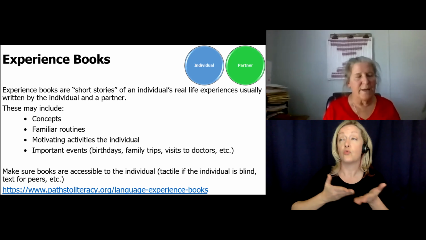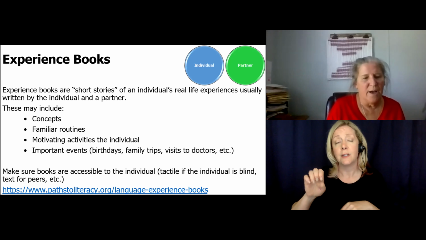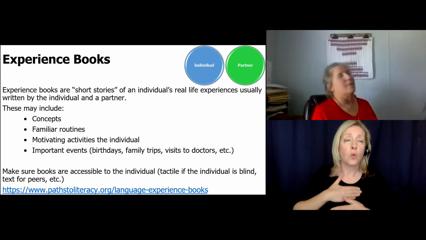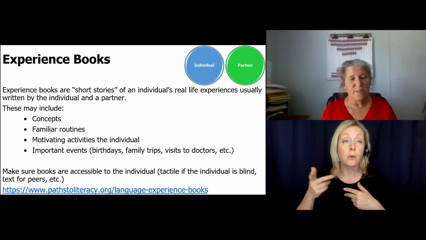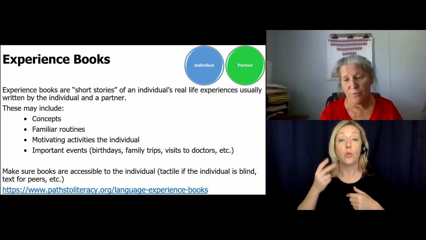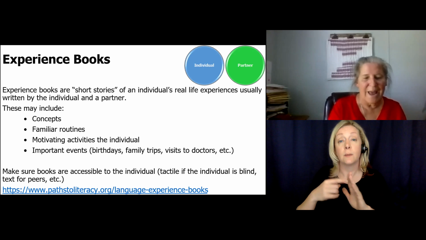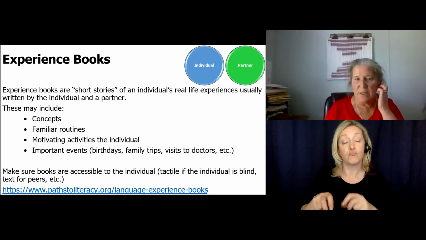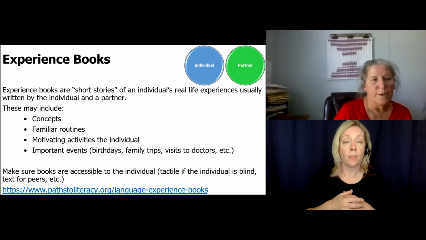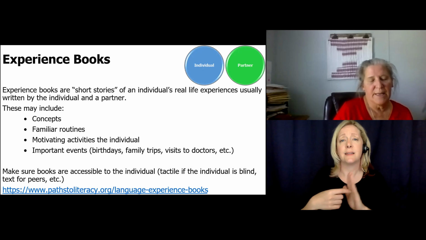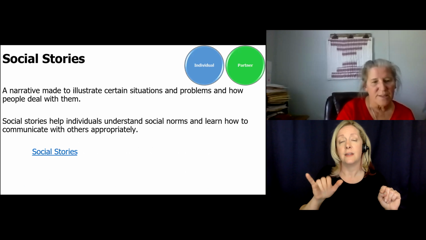You can write about concepts, familiar routines, motivating activities, important events like birthdays, or some kind of trip, or even doing experience books for visits to the doctor for the family, so that the student will know what's going to happen next through that. There are lots and lots of examples on Paths to Literacy. There's also a lot of examples on the NCDB literacy, all children can read literacy website. So there's lots of stuff around that.